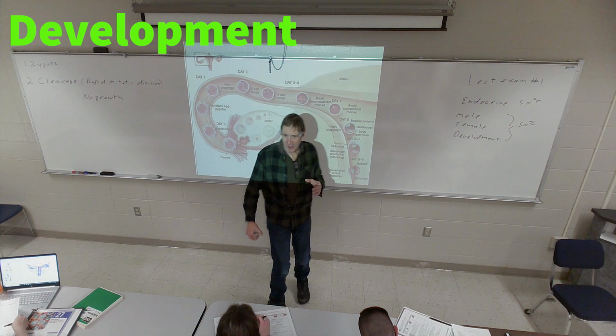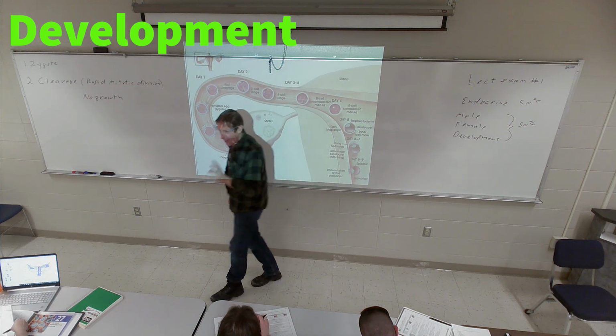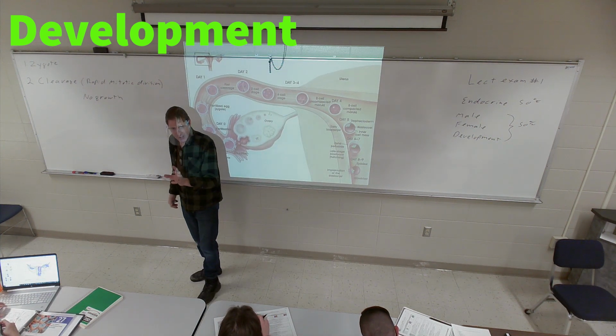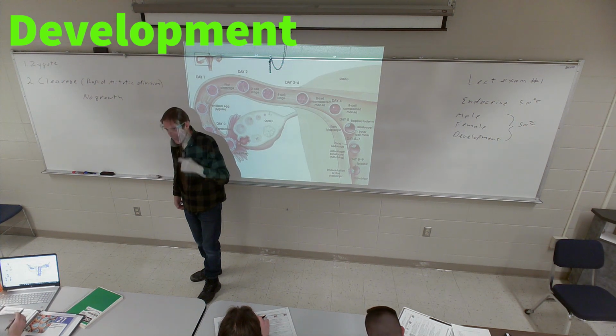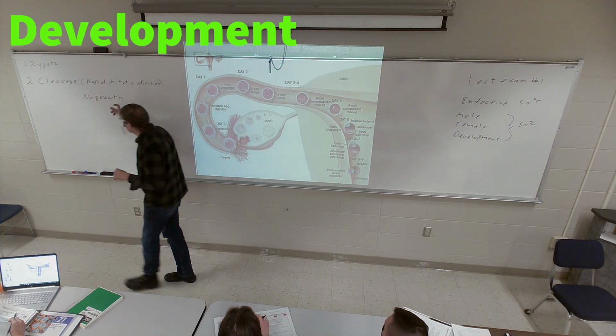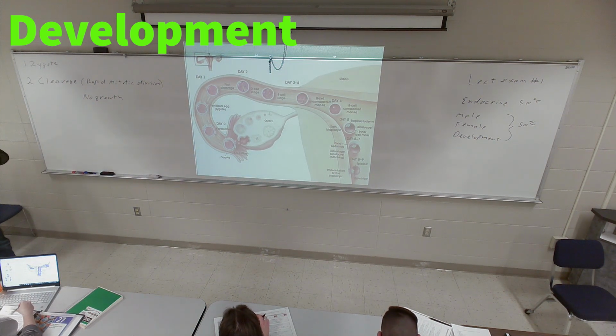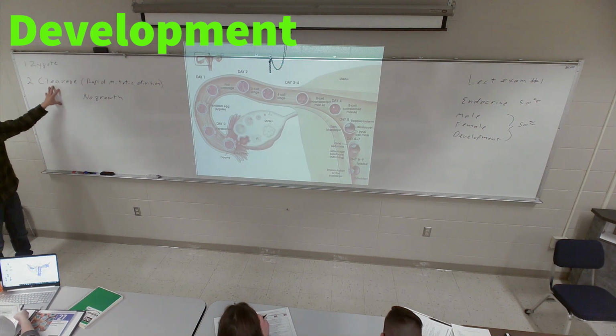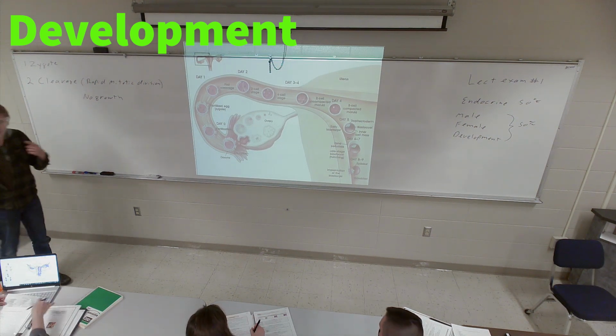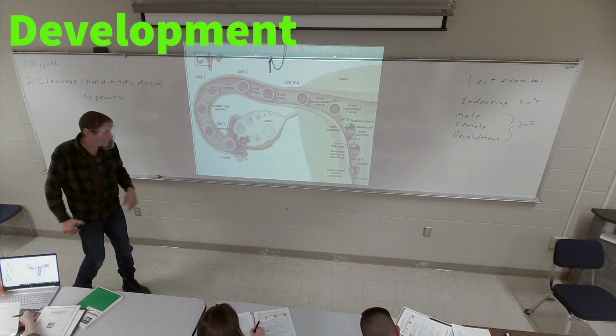Normally, if you remember the cell cycle, you had the G1, which is normal growth and development. Then you had the S phase of the cell cycle, that's DNA replication. Then the G2, prep for mitosis, and then you go through the mitotic division. Basically, in cleavage, there is no G1 to speak of. It's very rapidly cycling. In some species, these mitotic divisions occur about every 20 minutes, so it's very rapid.